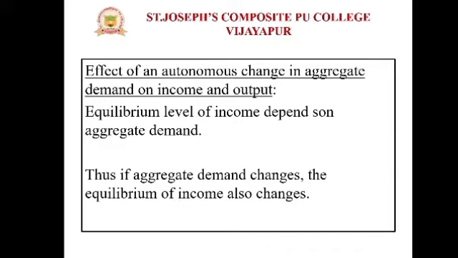Aggregate demand means total demand. Thus, if aggregate demand changes, then the equilibrium level of income also changes. Aggregate demand is the main reason for changing the equilibrium level of income.